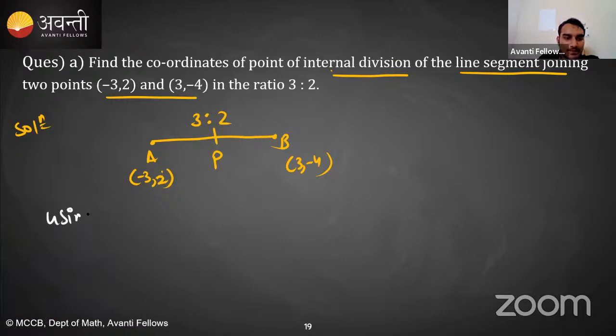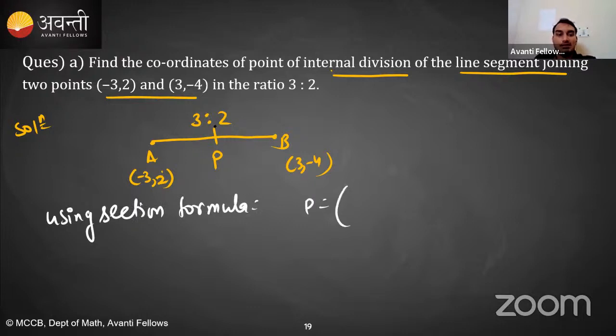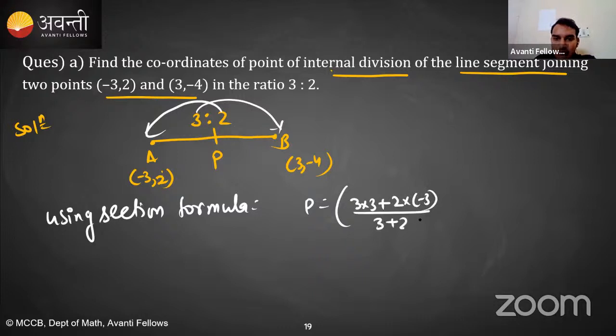Using the section formula, what is the coordinate of P? 3 is multiplied with B, and 2 will get multiplied with A. So the x coordinate is 3 into 3 plus 2 into minus 3 upon 3 plus 2.